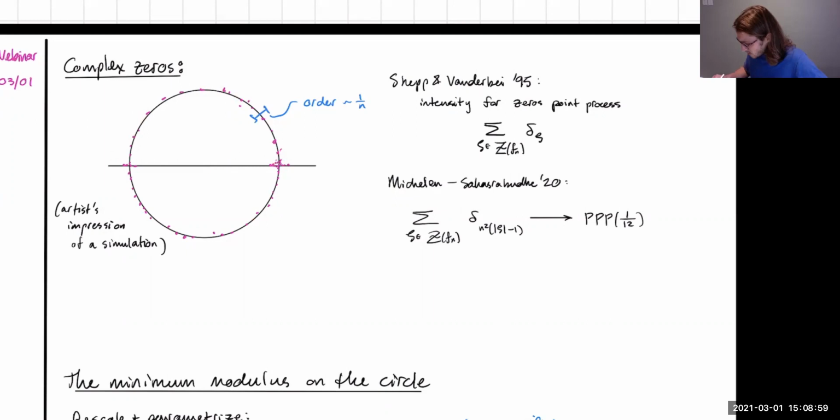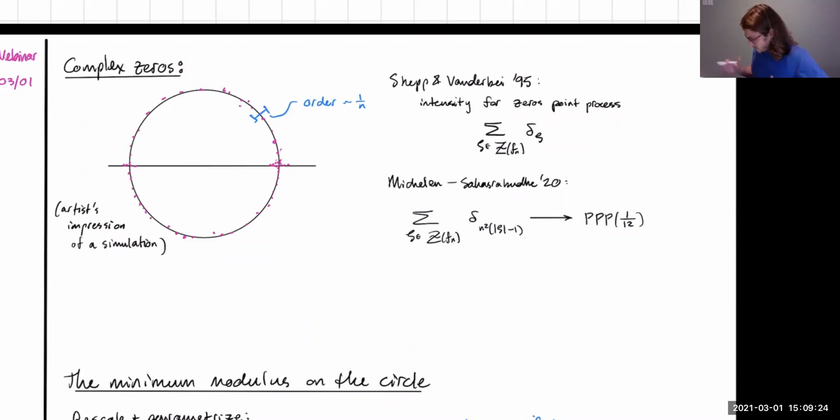So there's roughly the same number in every sector. And then just last year, there was a nice result of Michelen and Sahasrabudhe that looked at the distribution of the closest root, so the distance of the closest root to the circle. And this is much more closely related to what we've done.